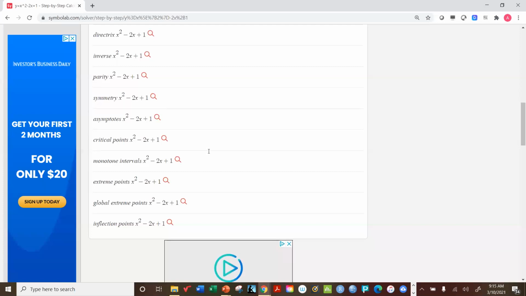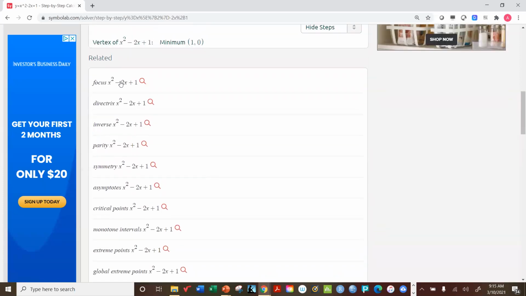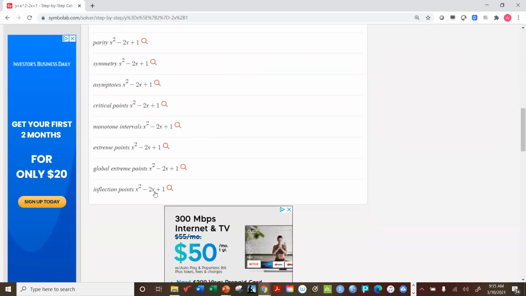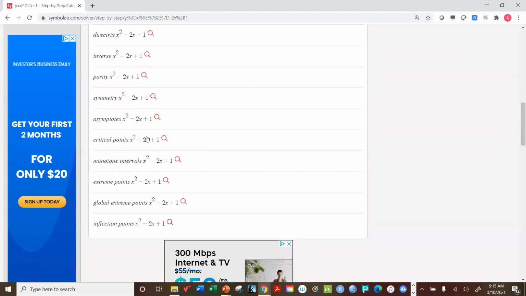We're not going to touch any of these topics, like the focus, the directrix. There are all kinds of bizarre ideas associated with this function, which we'll not be doing here, that's for sure. Inflection points, you'll run into that if you get into Calculus 1. Global extreme points, yes, you'll be analyzing that too, but not here.